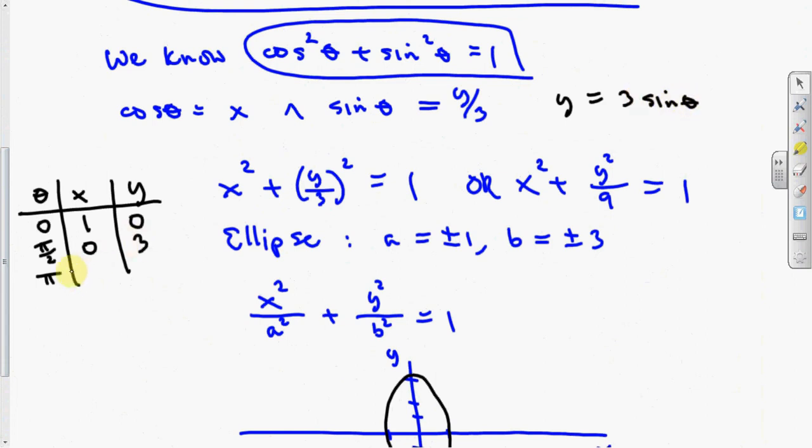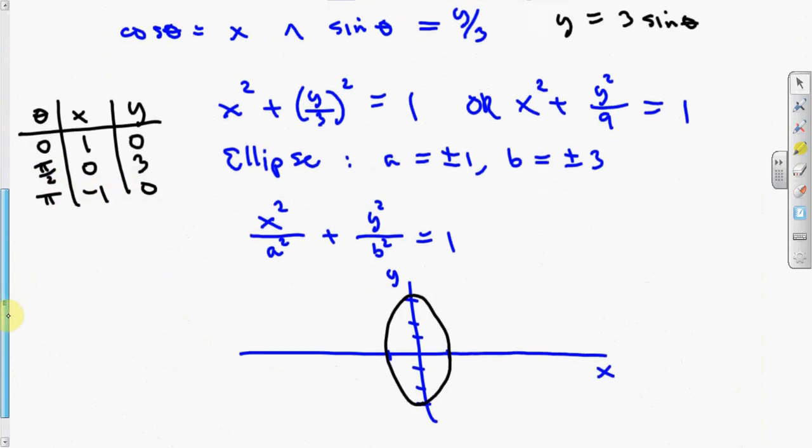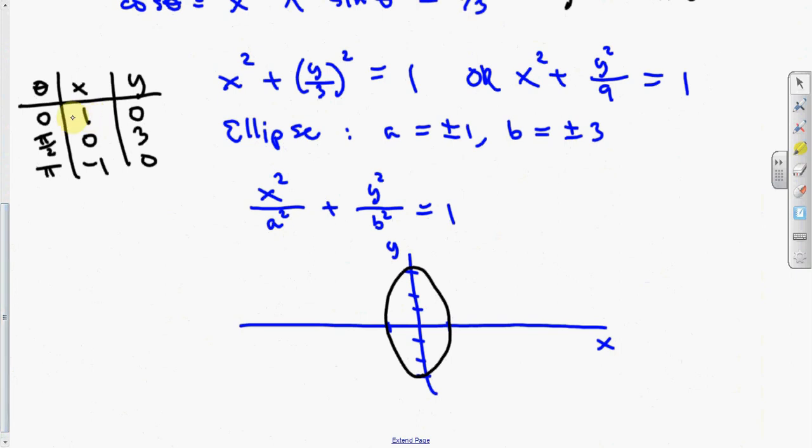And then if we let theta equal pi, I get negative 1, I get 0 there. So for theta equal to 0, I get x is 1, y is 0. I'm here. And then you could pick several values you want for theta, but I pick the easy ones.